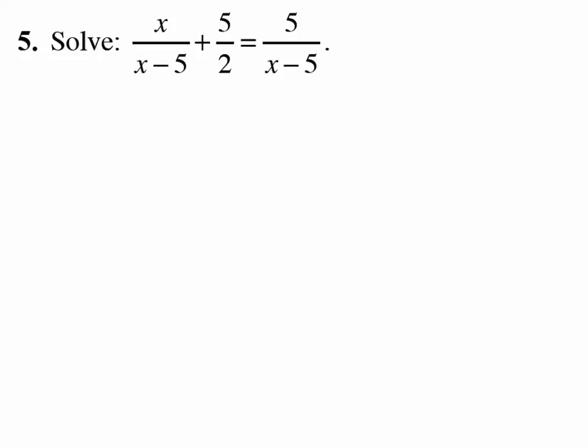Let's see, do we need to factor our denominator? No, cool, it's already in factored form. Awesome. What can x not be? 5. Can't be a 5, there you go. That would make a 0 there, and we're in trouble.